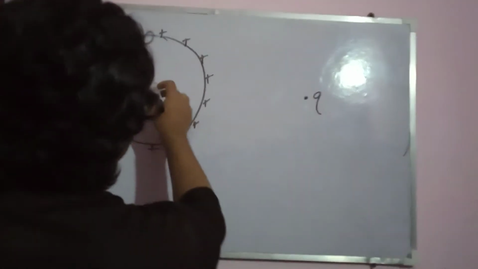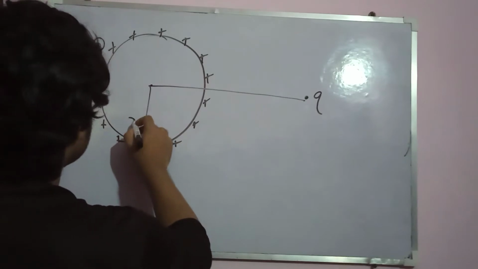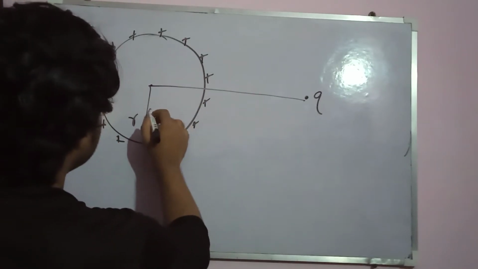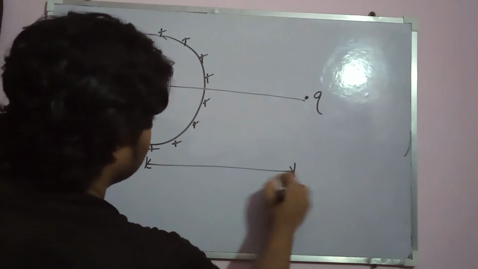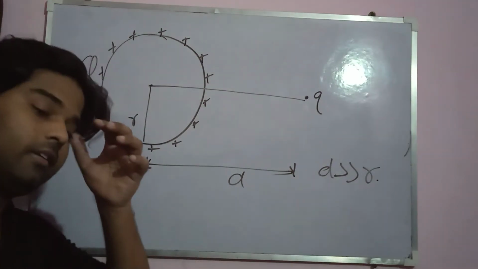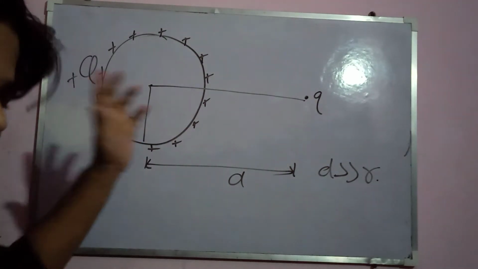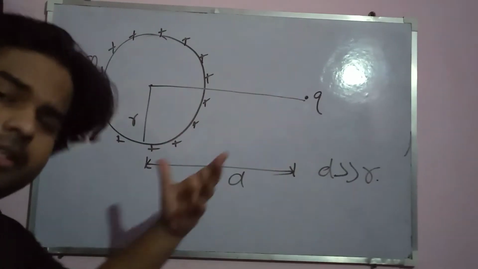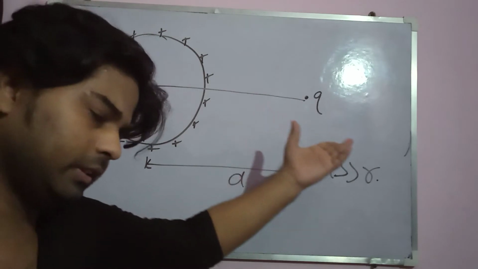Someone can ask, this distance is quite far from here. The radius of this is r, and this distance is d. And the condition is d is very, very greater than r. So in that case, anyone can tell me how we'll find the force between this q and this q.